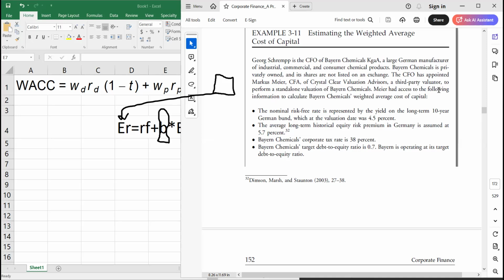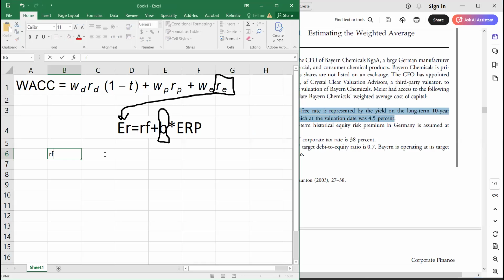So Meyer had access to the following information to calculate the Bayern Chemicals weighted average cost of capital. First of all, the nominal risk-free rate of the 10-year German bond is given, which was 4.5%. So I will put here the risk-free rate, 4.5%, for the German bond.